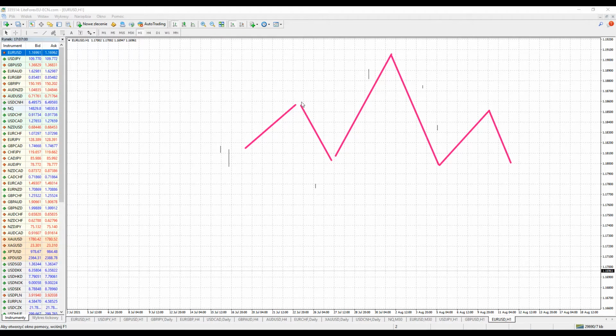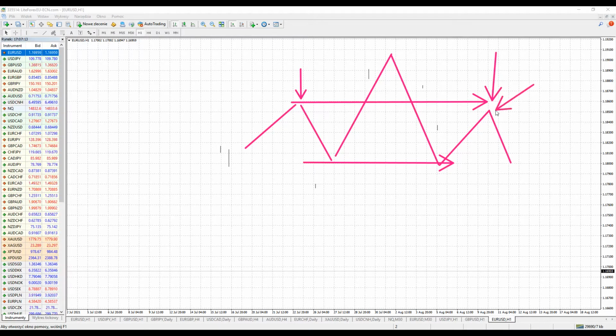But if I'm trying to be on the short side with the classic head and shoulders, I'm trading a little bit differently. I wanna see this type of price action, and that's my entry. If the price is going to test the neckline, I'm already in profit. I can manage my position properly.